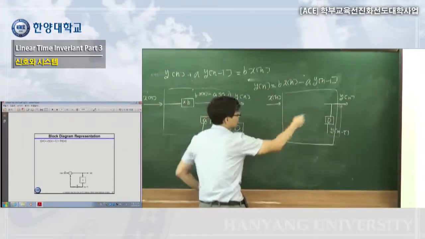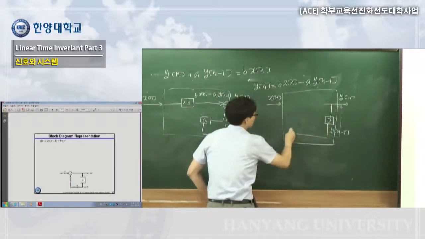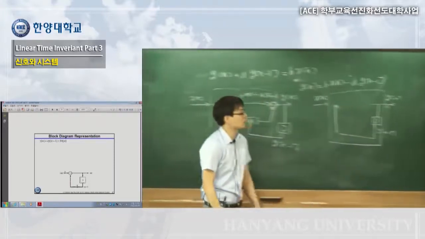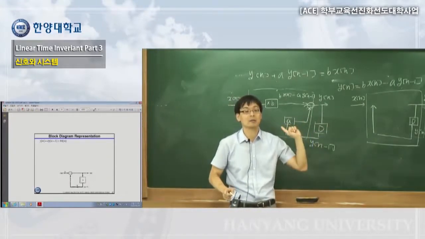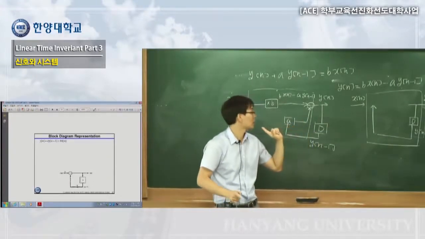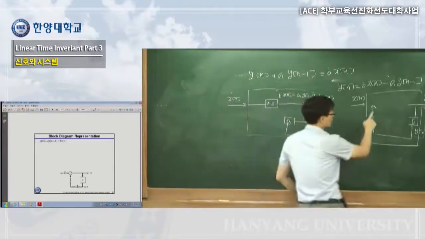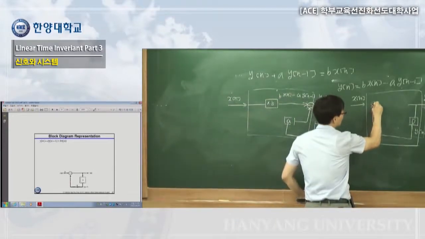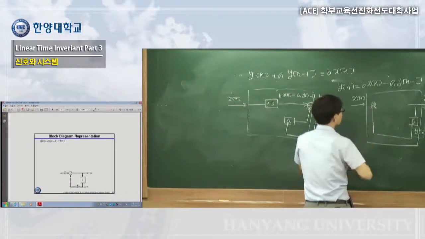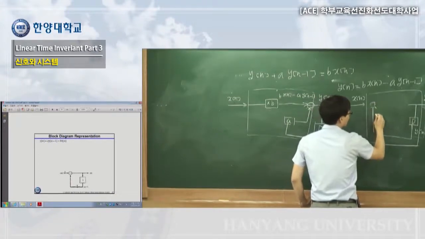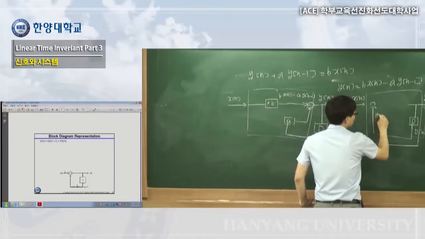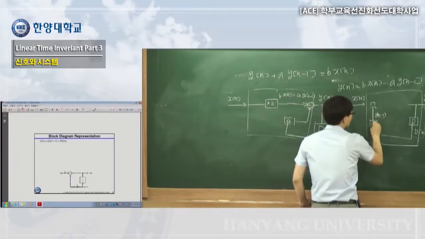Now let's bring it to the input. Then the direction changed, so we don't need a minus, right? And then what is here? There will be a time shifted version of this, and you may add a here.